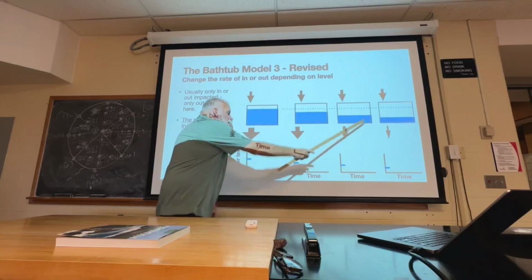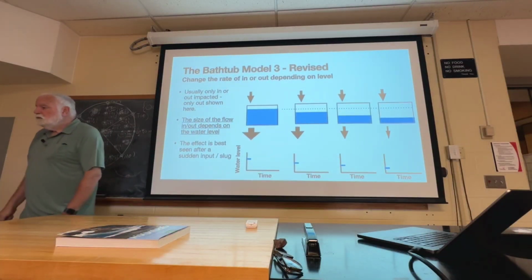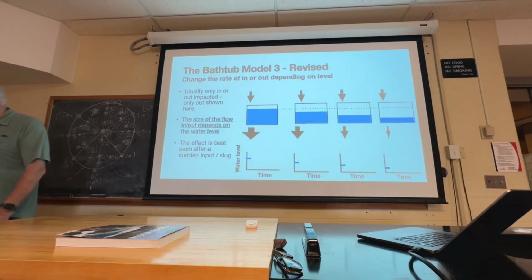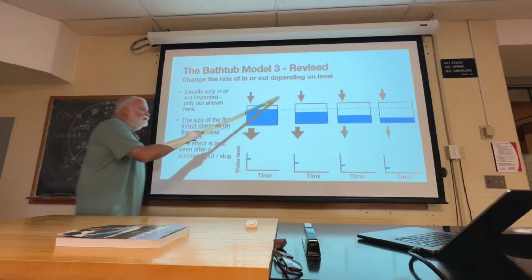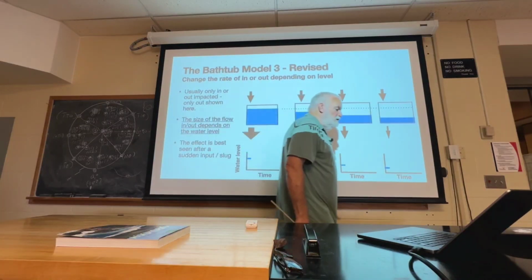Now, what's the resulting out in this case? What are the physical processes here? I'm starting all the same in, but my difference in starting is that I've got 4 different water levels.